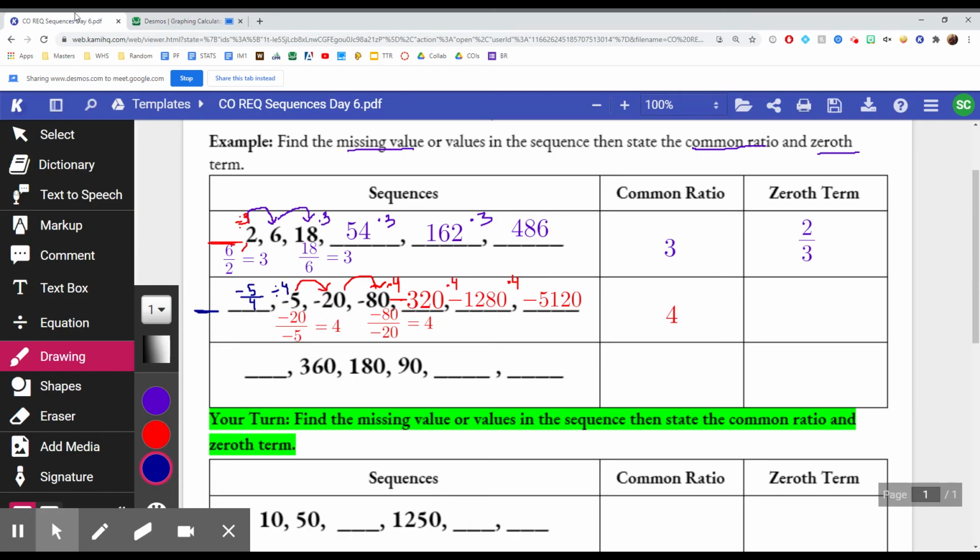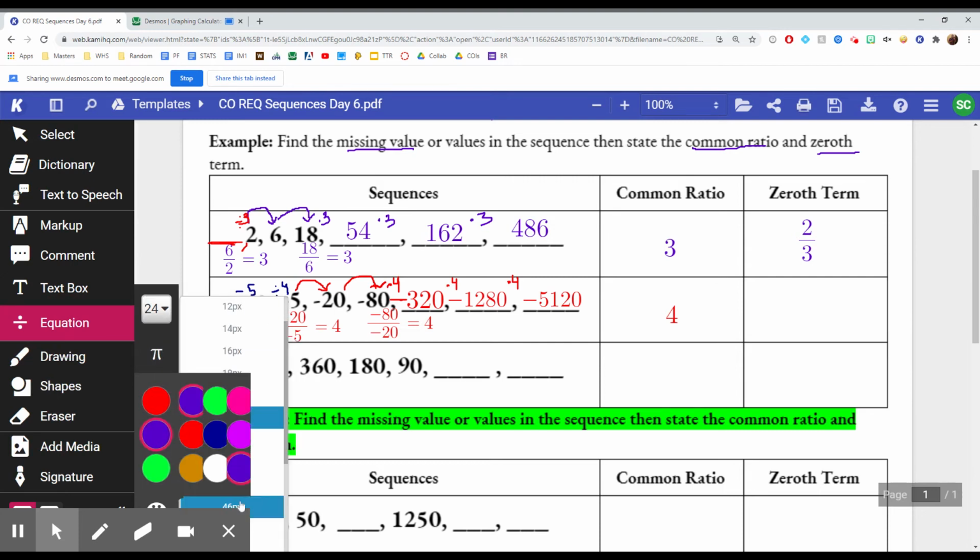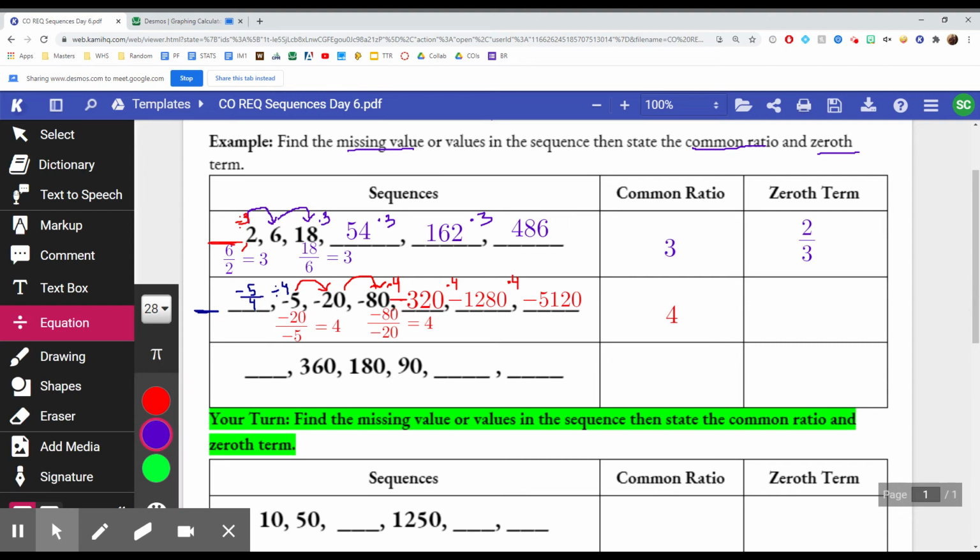Okay, -5/16. So the zero term, we said that it was -5/16 for my zero term.